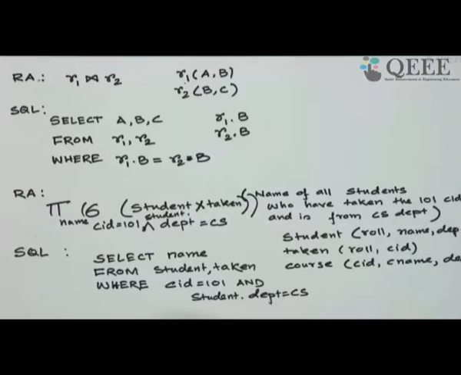Okay, so what I'll do now is take a 5-minute break. You just think on it. Practice the exercise that I have given you. Give me the name of all the CS students. Give me the name of all the students who have taken any course offered by the CS department.